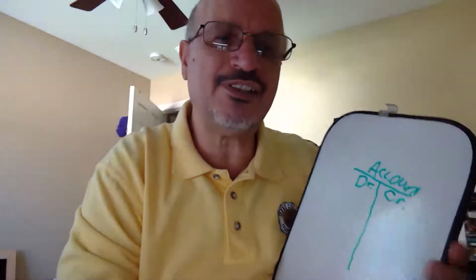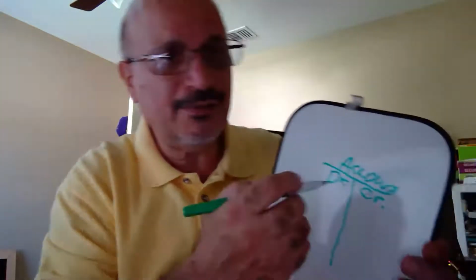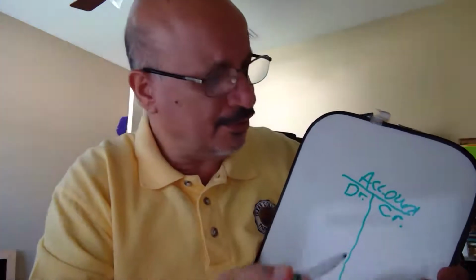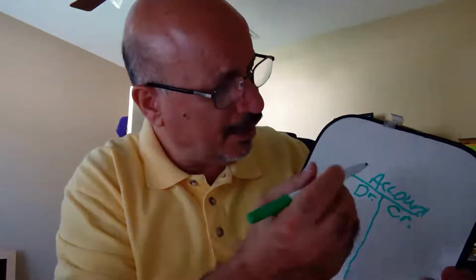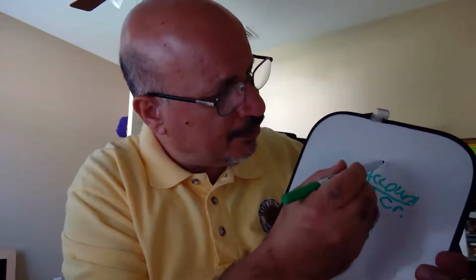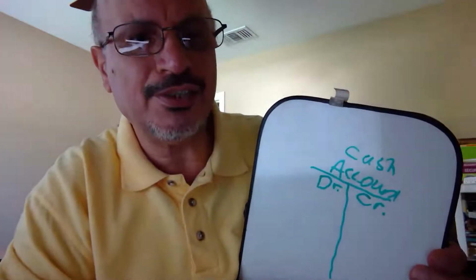For example, the lazy person, after a week of work, wants to see the balance in cash. I do a very fast T account and put for the title, cash.